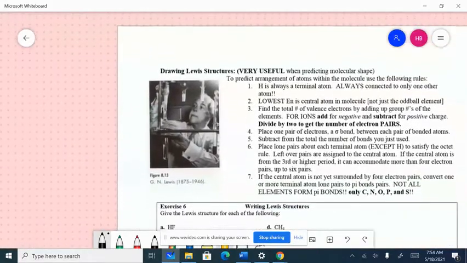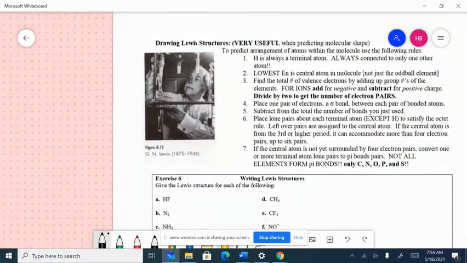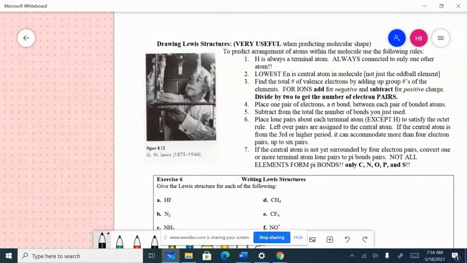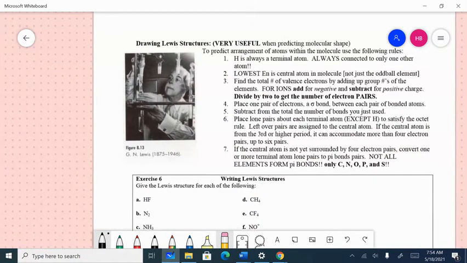So how do we draw compounds? First of all, hydrogen is always a terminal atom, and usually any of the halogens. Always remember that hydrogen can never have more than 1 bond.